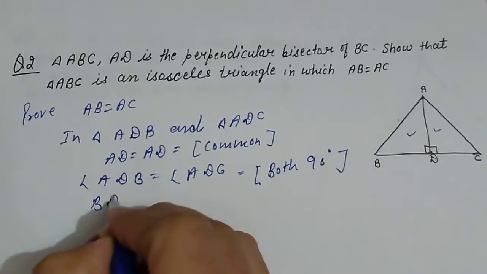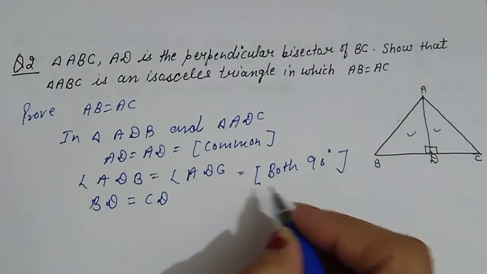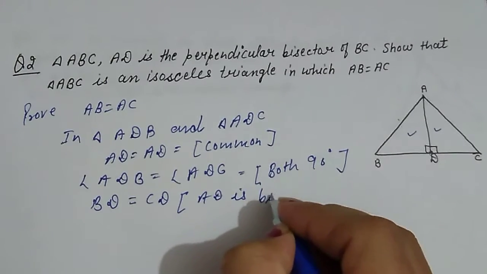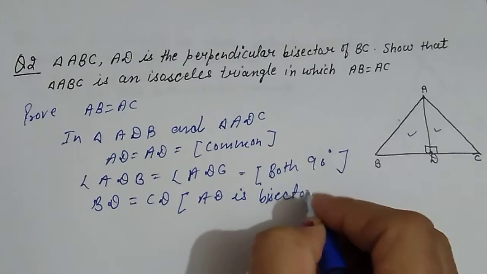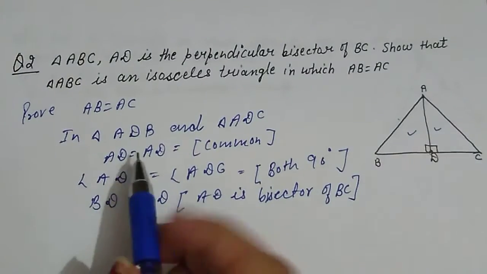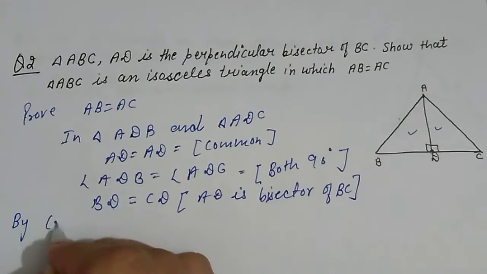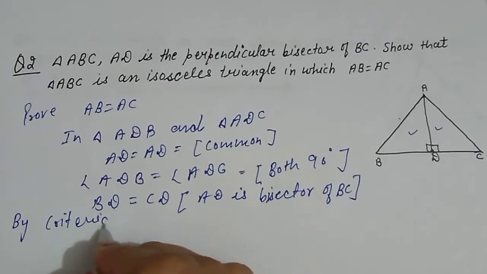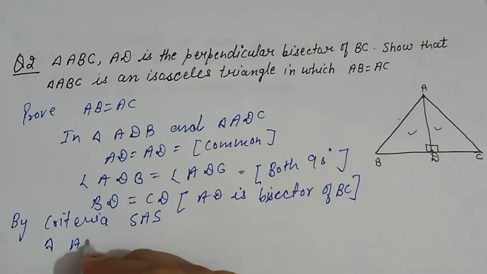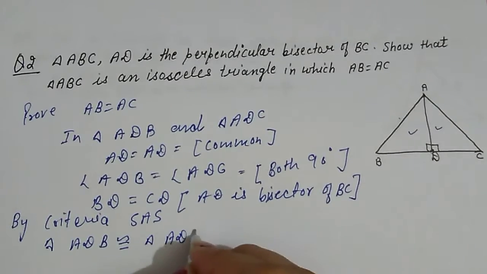And BD is equal to CD, because AD is the bisector of BC. So by the side angle side criterion, triangle ADB is congruent to triangle ADC.